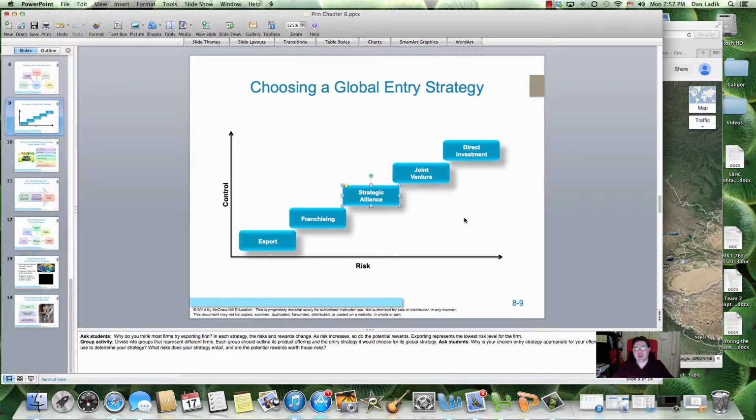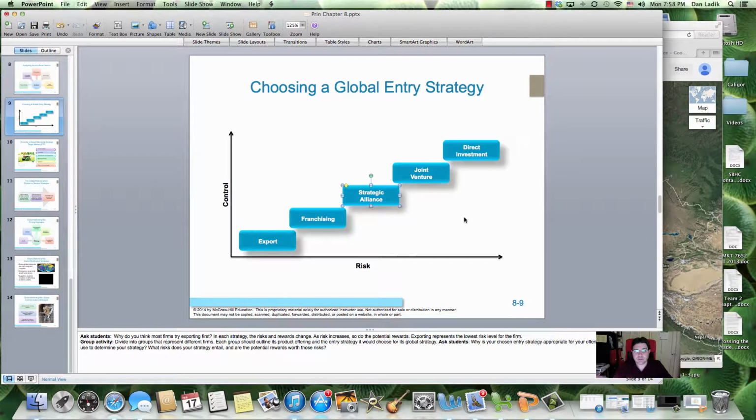A strategic alliance is when 2 companies get together and they have some kind of an agreement. Many times, this is just a handshake agreement, or it's a short-term legal agreement.